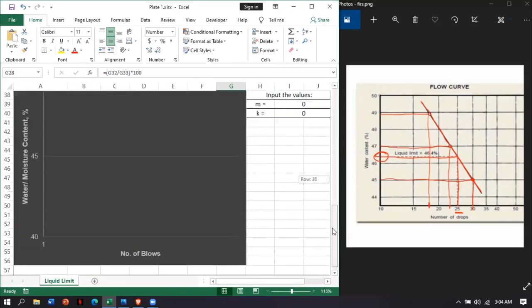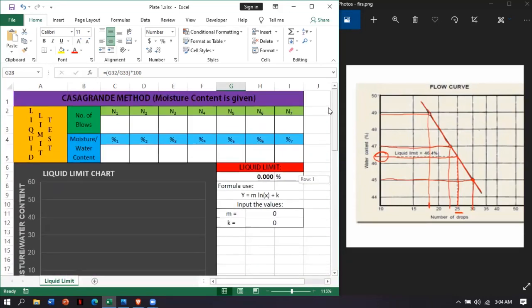First we're going to test the first possible problem, where the moisture content is given.